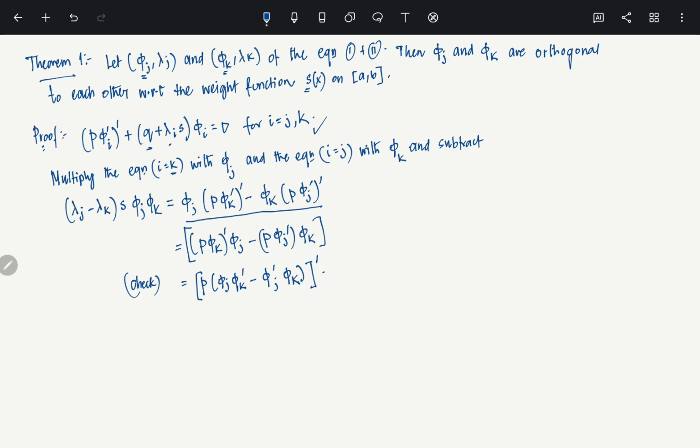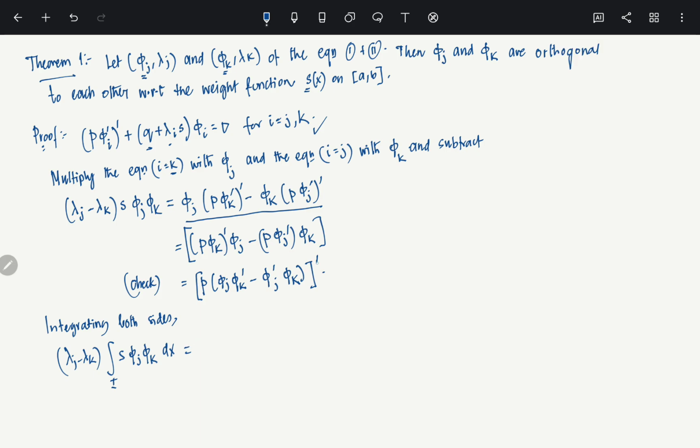Now if we integrate both sides, this is very easy actually, it's just some calculation. You have lambda j minus lambda k times the integral of phi j phi k dx, with respect to x.